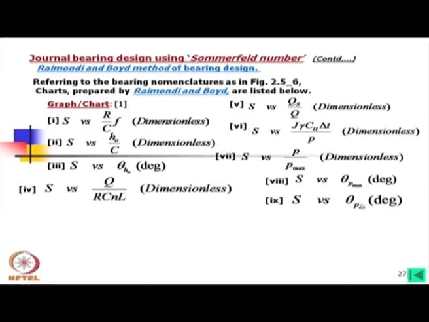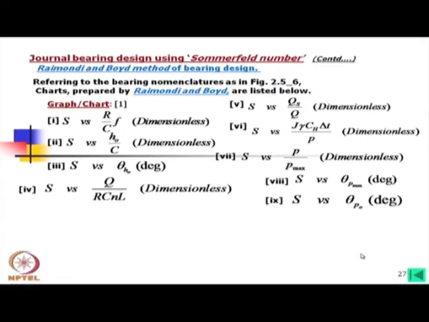Also, we can find theta P0, where P0 is the pressure at H0.